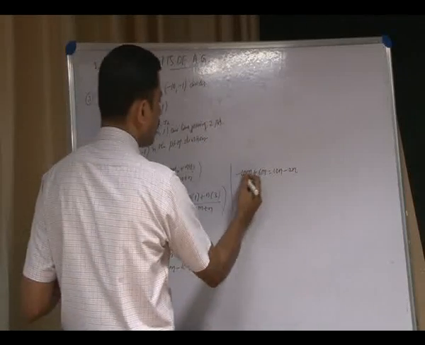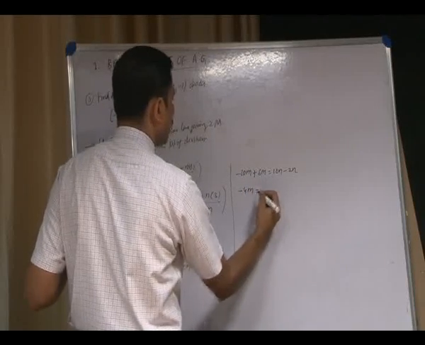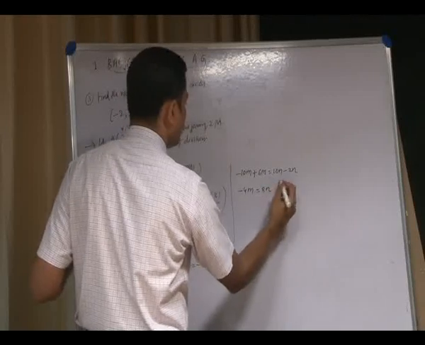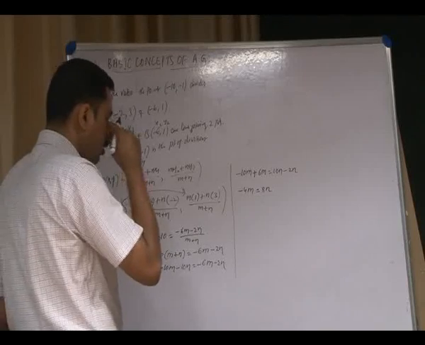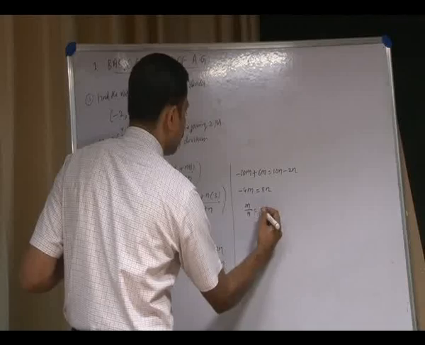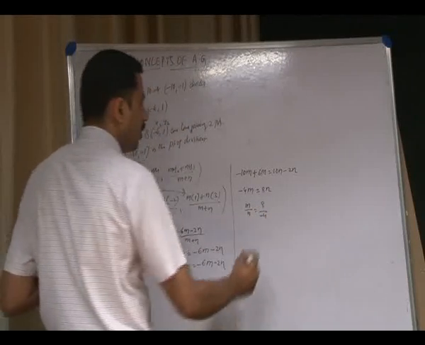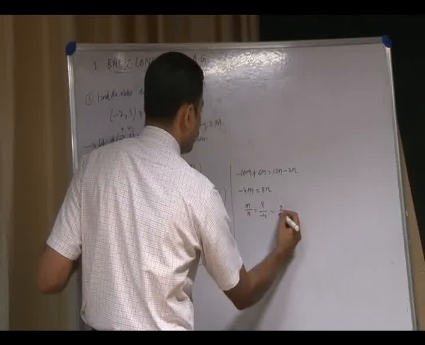Or minus 10 m plus 6 m is minus 4 m is equal to 10 n minus 2 n is 8 n. So, we need the ratio m is to n, means you can write m divided by n is equal to 8 divided by minus 4, or you can write this as minus 2 by 1.